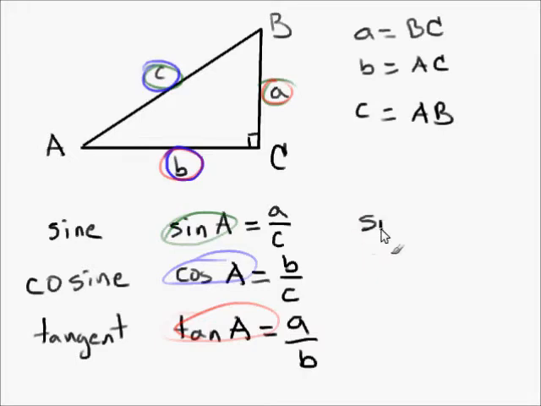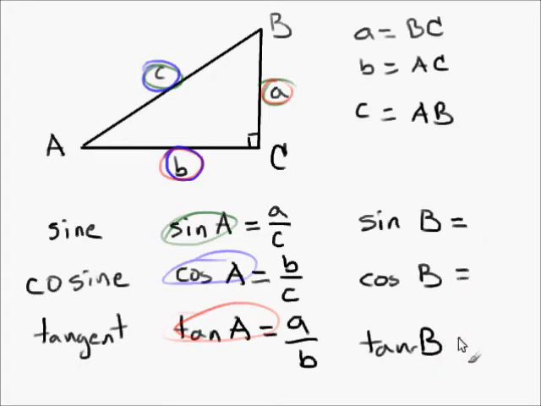I want to figure out the sine of angle B, cosine of angle B, and the tangent of angle B. Since we've changed angles, which side is opposite and which is adjacent have changed. The hypotenuse is still the hypotenuse, but opposite versus adjacent have changed.